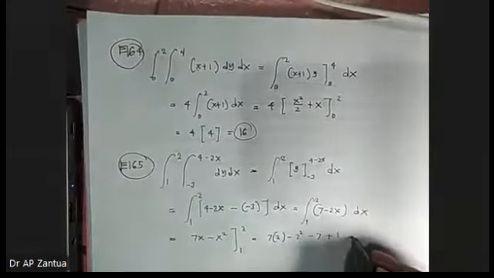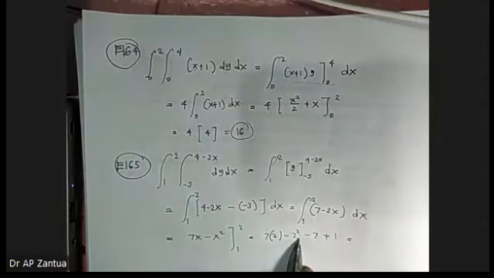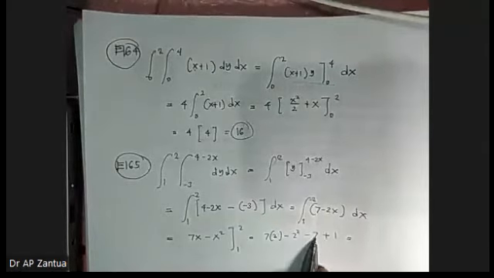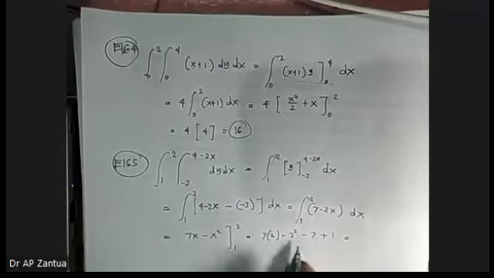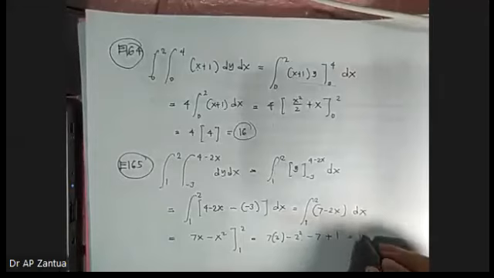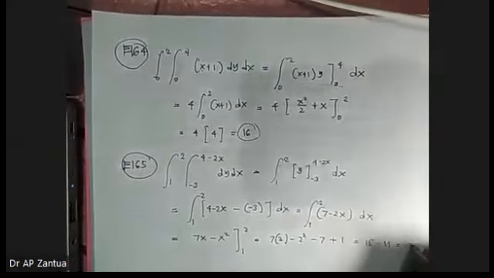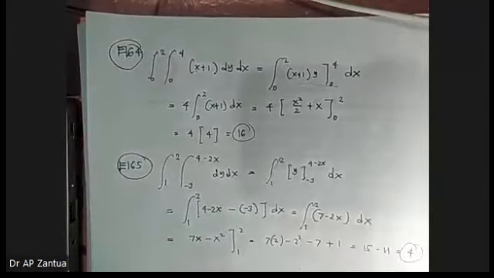Okay, how much is this? 14 minus 4, minus 7 minus 1... so this is 15 minus 11. This is 4.